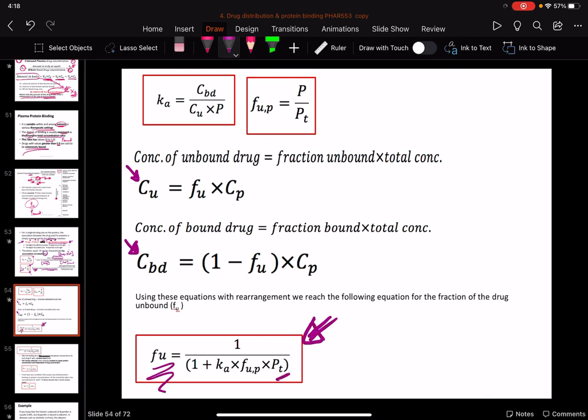Again, if we are talking about factors, it could be the concentration of the total protein, the association constant, and the fraction of unoccupied sites of the protein.